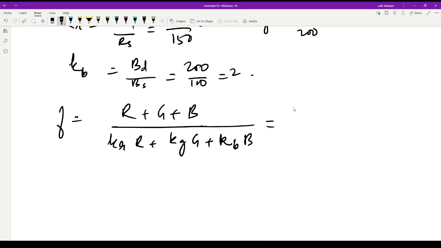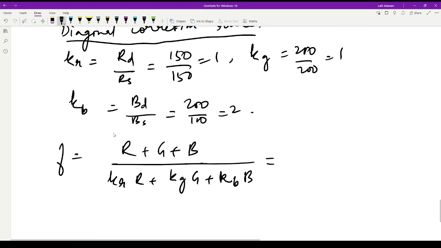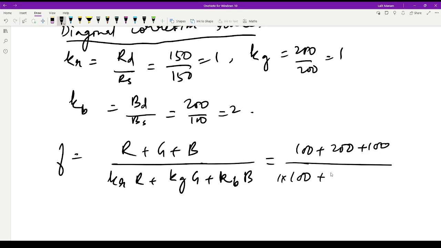So we'll just replace the values. What were the values? 100, 200, 100, plus 100, 200, plus 2. So this gives us 0.8.